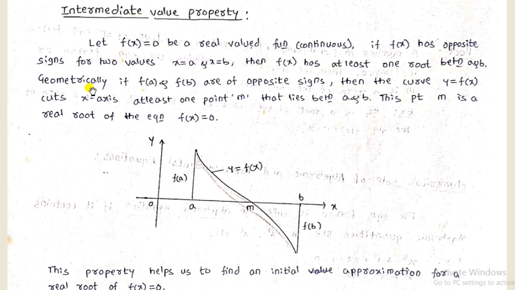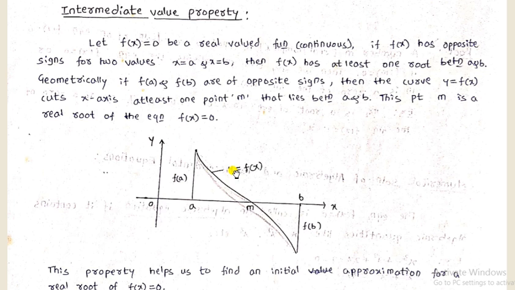So we'll be discussing this geometrically. If f of a and f of b are in opposite directions, f of a is above the x-axis, meaning its sign is positive, and f of b is below the x-axis, so its sign becomes minus here.